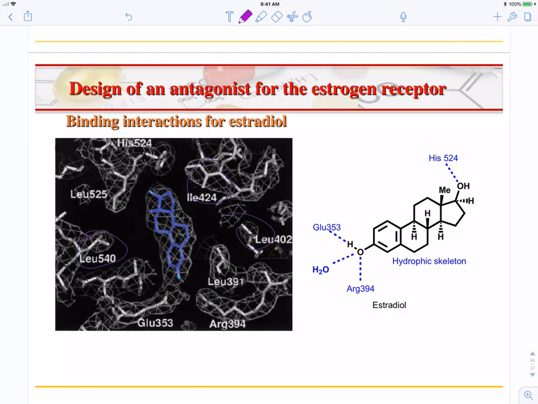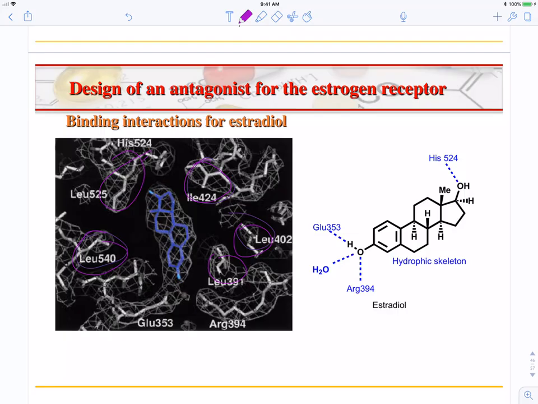So how would we look at the structure? The pocket for estradiol contains a number of hydrophobic residues surrounding estradiol, and then it contains, at the two extremes, two areas where polar residues are found.